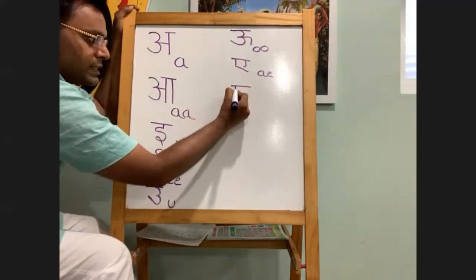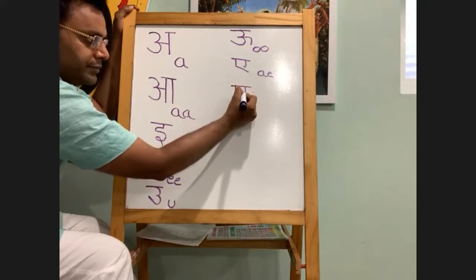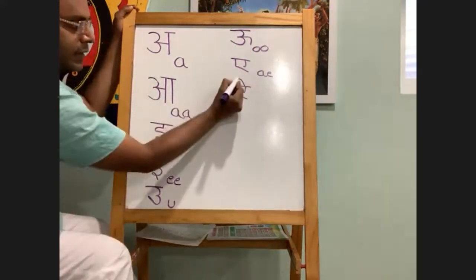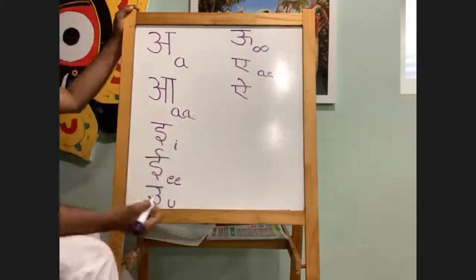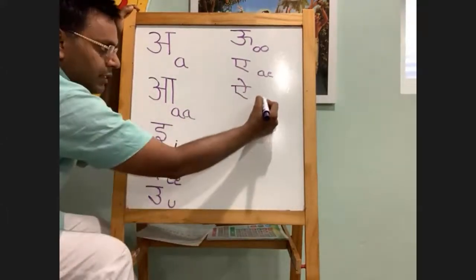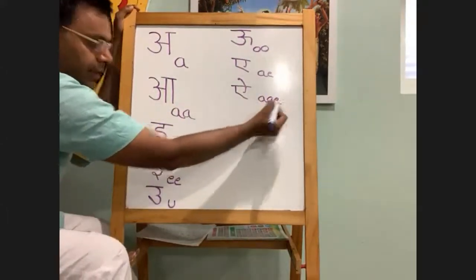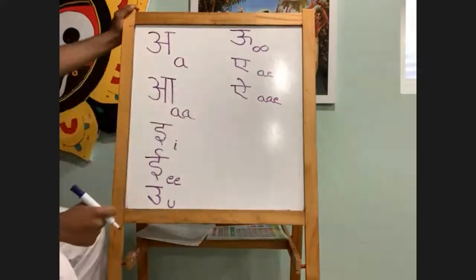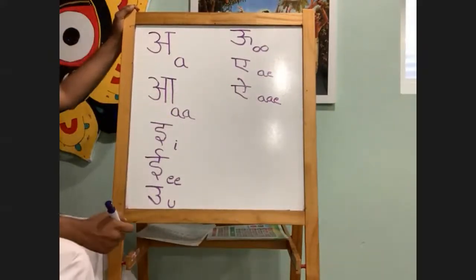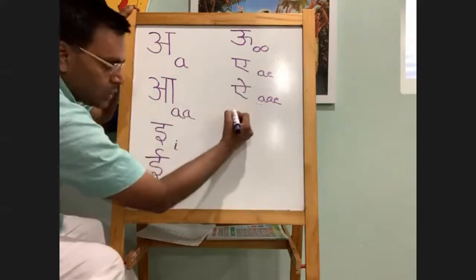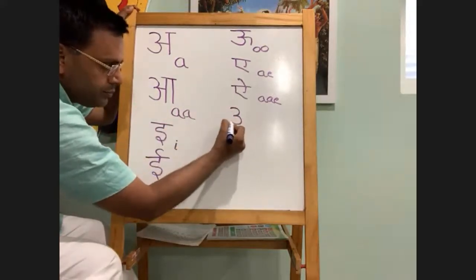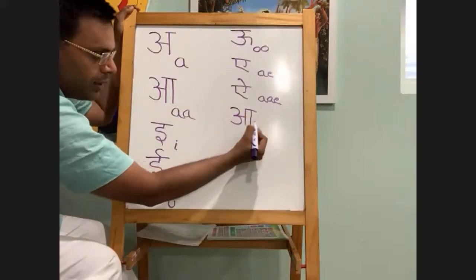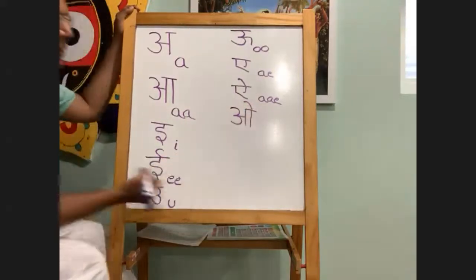And the next one is e. It's the same a, and then there is a line on top, and that is represented as e. Next one is ai. Write it like e, with another line on top.